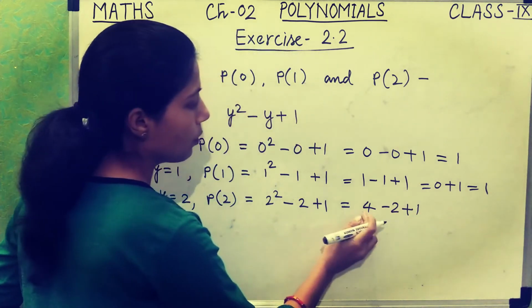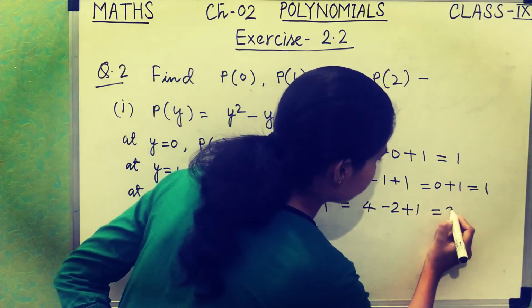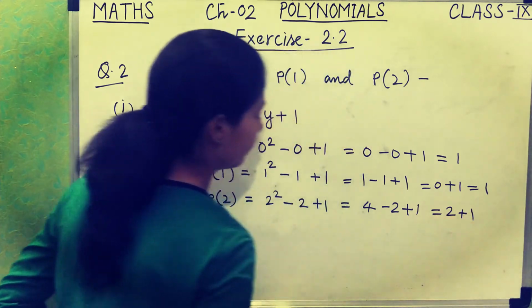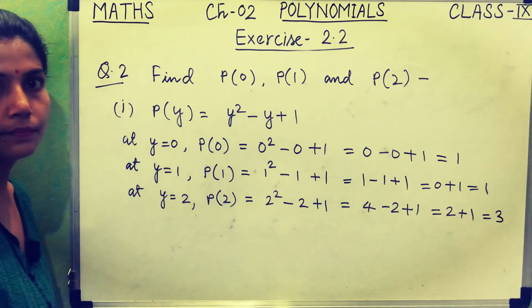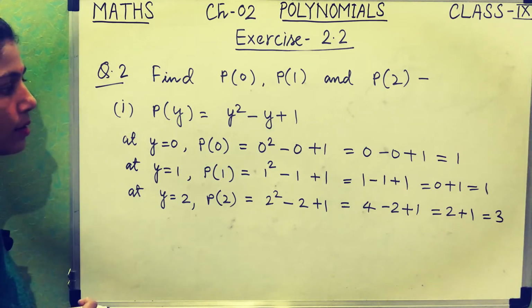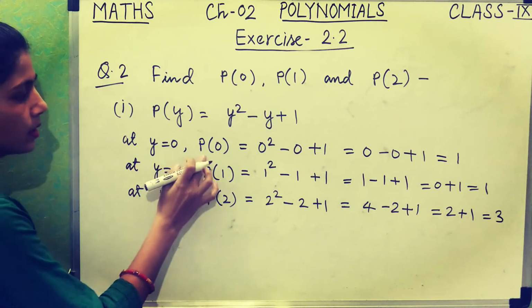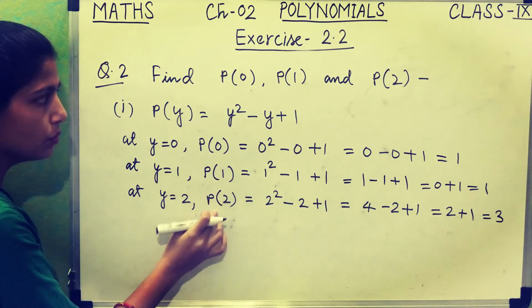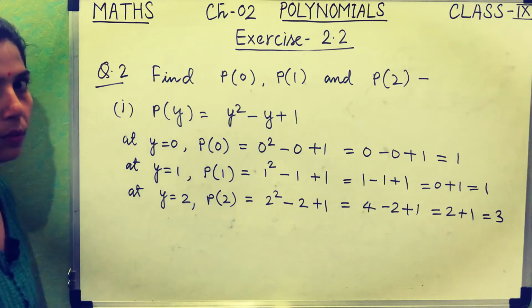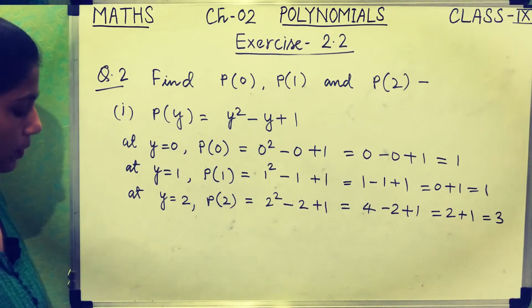Okay, so 4 minus 2 is 2 plus 1. So 2 plus 1 is what? 3. 2 plus 1 is 3. So you have to find these values p0, p1 and p2 for the given polynomial. Okay, so this was the first part.